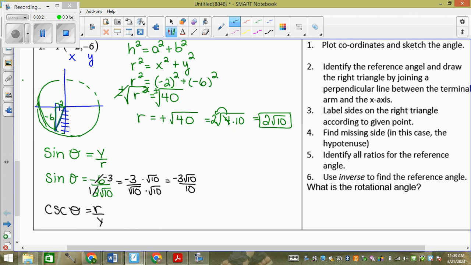If sine your resume, cosecant is resume your. Remember, they're just the reciprocal, because they're called reciprocal trig identities, which means the flip of the other trig identity. So we'd get r over y, which is 2 root 10 over negative 6. We can take a 2 out of both, and we get root 10 over negative 3.